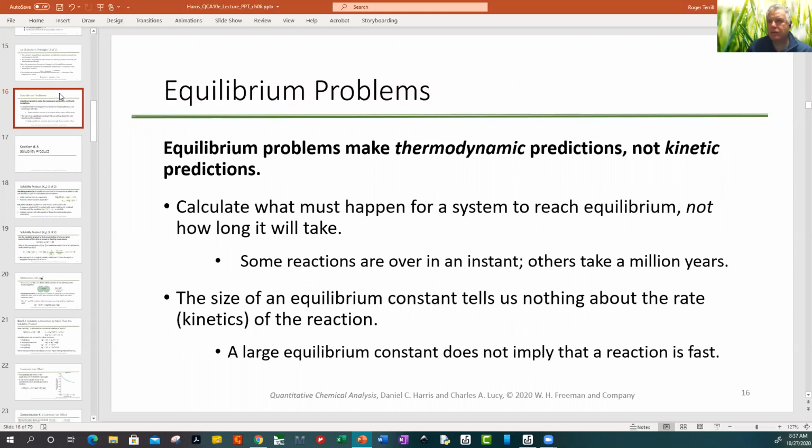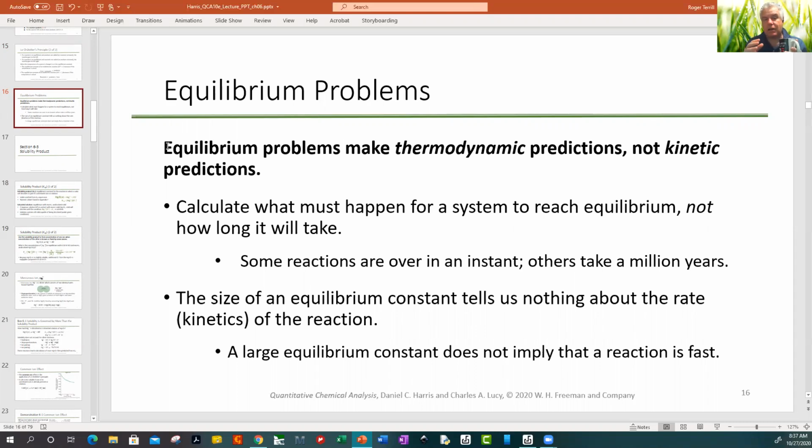Okay, so equilibrium, just for the record, describes the lowest energy state of the system, right? But it doesn't say if it will actually happen. You know, it generally won't go the other way, but it can be that things are stuck.